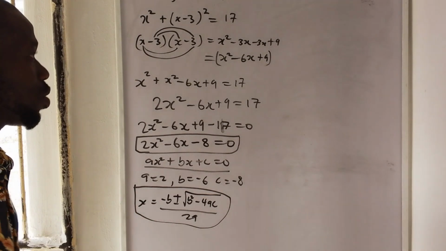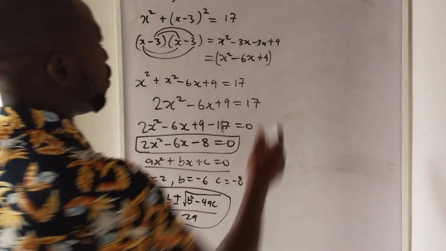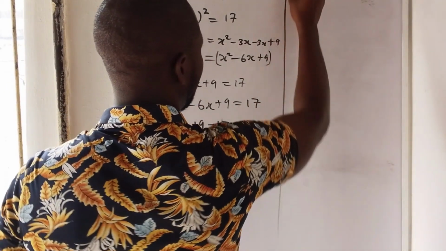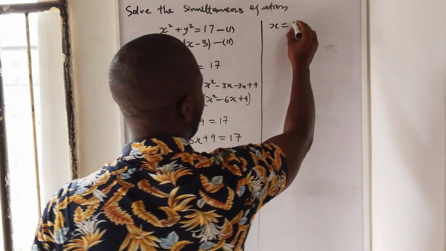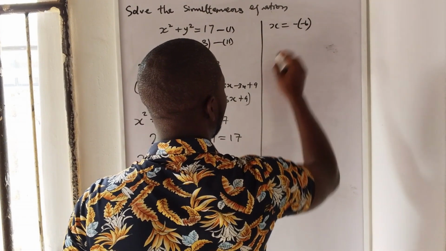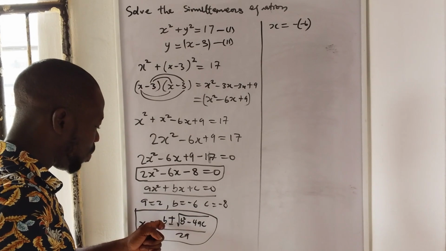Using the formula method, we just have x is equal to minus b, b is minus 6, so don't forget minus b.